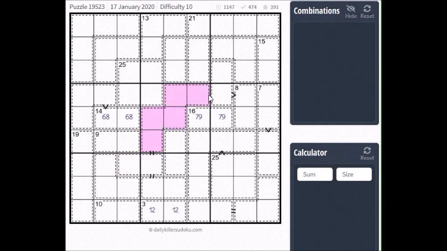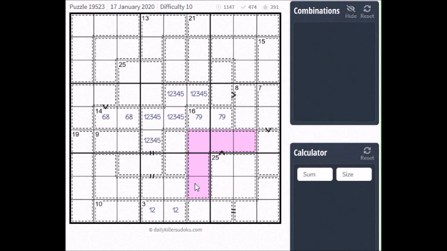Now here we have 1, 2, 3, 4, 5. Now, what matters here is that we have to notice that in case this case does not include 1 or 2, it's minimum 3, 4, 5, 6, 7, which add to 25.